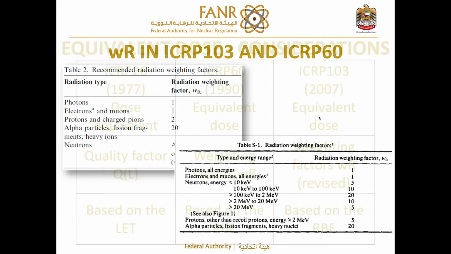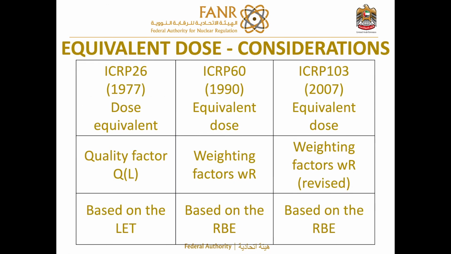This is a more specialized observation for RSD inspectors. So previously, in 1977, dose equivalent was defined in terms of a quality factor which was based on the LET. Then, in 1990, equivalent dose was introduced, and it was defined by weighting factors based on the RBE. In 2007, the same concept was maintained, but the weighting factors were revised. In the regulation, today, in the FANR regulation, equivalent dose is defined by using the weighting factors of the latest recommendation, 2007.